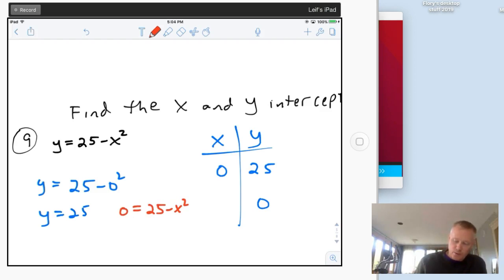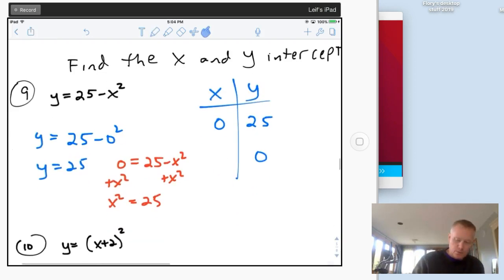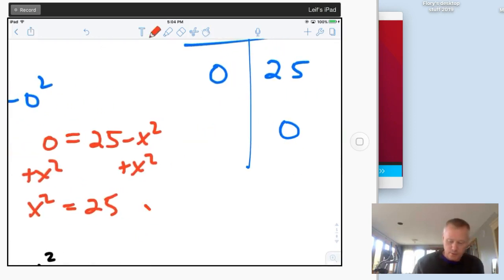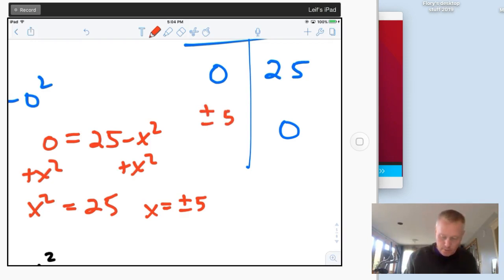If I add x squared to both sides, I get x squared equals 25. So I'm actually going to end up with a couple answers here, because if I take the square root of both sides, I get plus or minus 5. So I'm going to put them both here. And there's my answers.